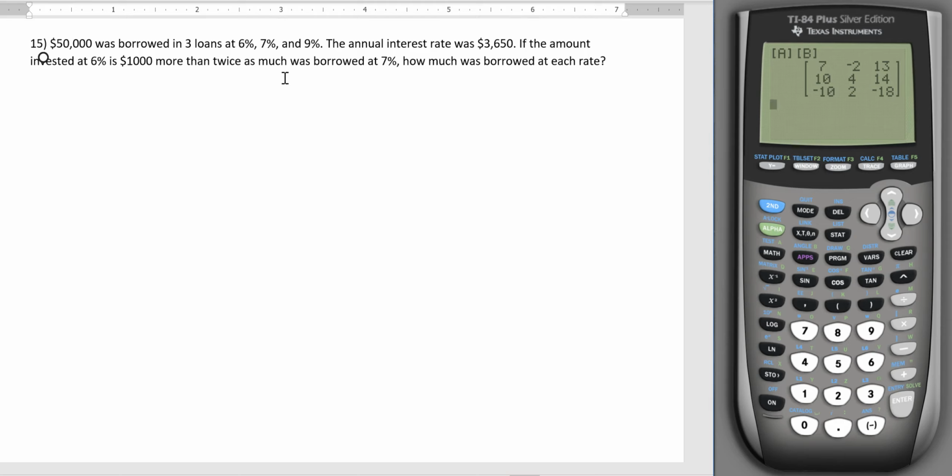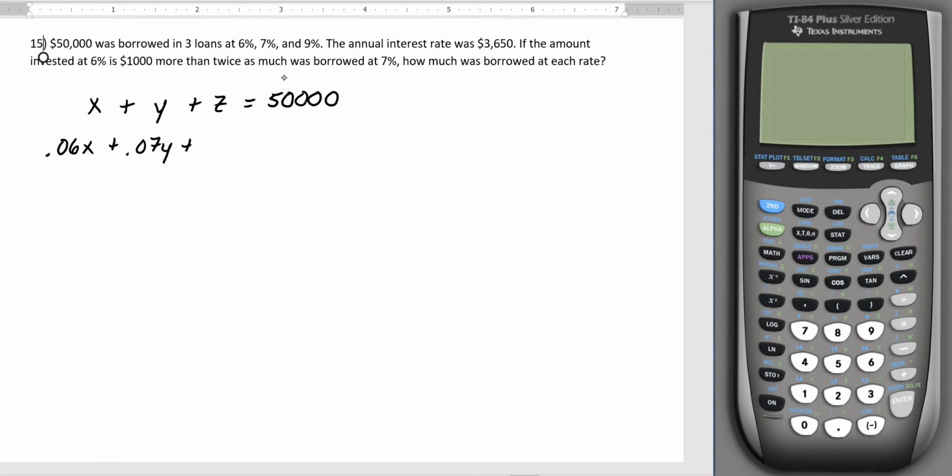All right, so first thing I'm going to do is add together the amount from the 3 accounts. So x plus y plus z equals the amount invested, which was 50,000. And then I can do the interest rate of each. So 0.06 of x plus 0.07 of y plus 0.09 of z equals the amount we got from interest, 3,650.